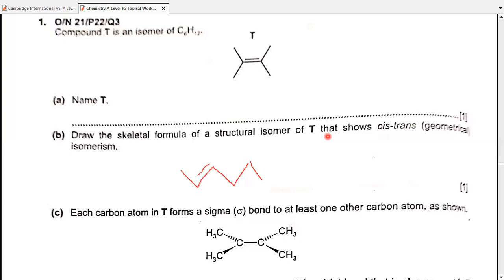Second method, change the position of the functional group. So if you apply the first method, since this has 6 carbon atoms but it's a branched chain structure, if you convert it into a hexene, whether that's hex-2-ene or hex-3-ene, both of them can easily show cis-trans isomerism. There are many other options as well.